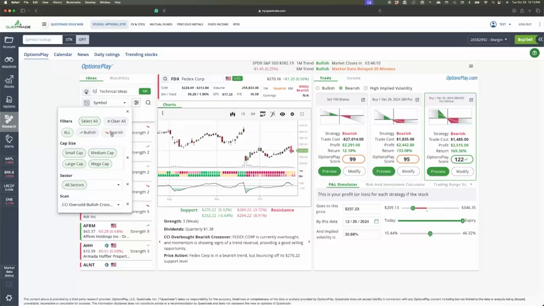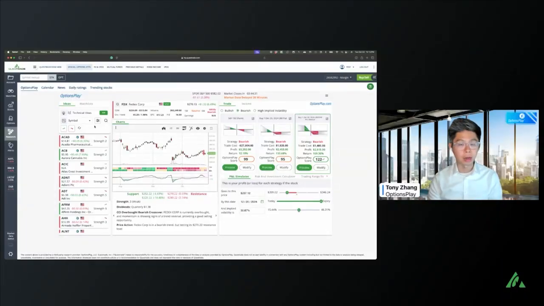So maybe just for today's purposes, and again, this is purely for education, this is by no means advice on my views here. I'm looking at the markets and thinking maybe I want to take a look at some bearish ideas right now, given the fact that the markets are struggling near some major resistance levels.